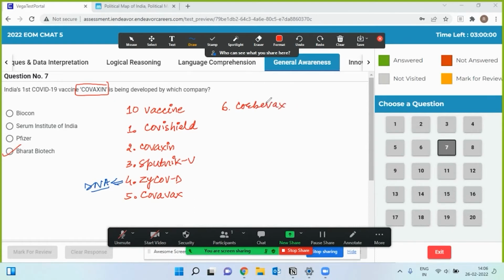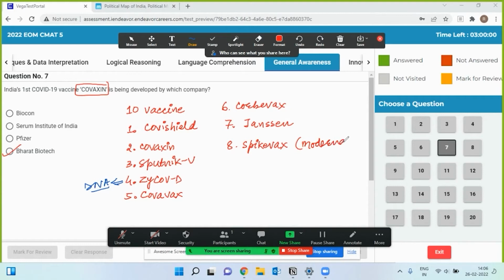Correct? Seventh vaccine is Janssen, which is a vaccine developed by Johnson and Johnson. Eighth is Spikevax. Spikevax is the vaccine by Moderna, American pharma company Moderna.